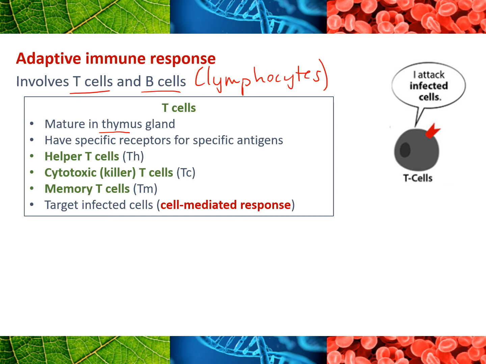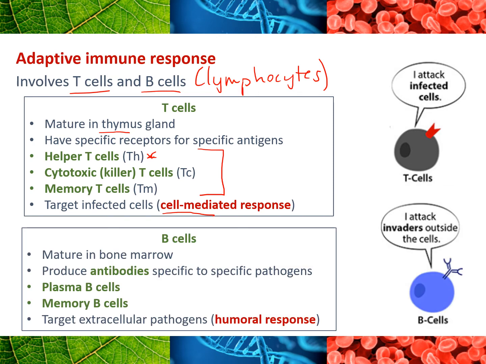They have specific receptors for specific antigens, and we have three different types, which we'll go through in a little bit. You'll see that helper T cells play a role in a few different responses, but in general, T cells are mainly involved in what we call the cell-mediated response. And this is for targeting infected cells.